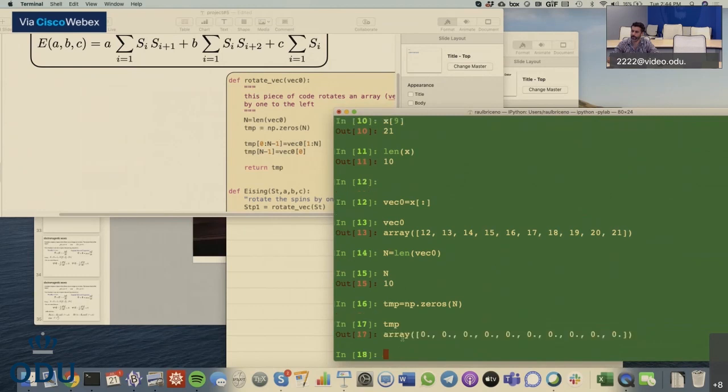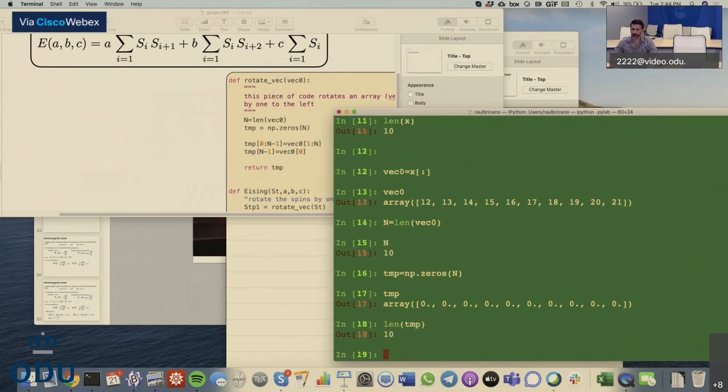And so you print it out, and you get an array of zeros of length 1, 2, 3, 4, 5, 6, 7, 8, 9, 10. Good. And I can check this by just printing out the length of temp.